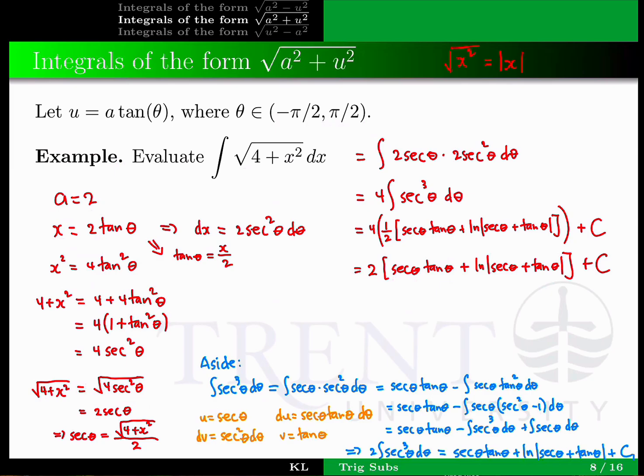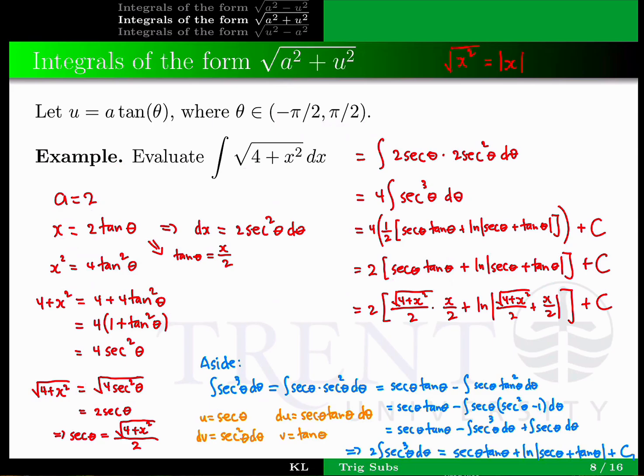And therefore, the final answer will be 2 times secant theta, which is the square root of 4 plus x squared divided by 2, your tangent theta is x over 2, plus ln absolute value of the square root of 4 plus x squared, divided by 2, plus x over 2, and then the plus c.